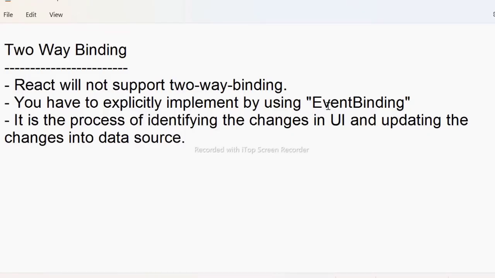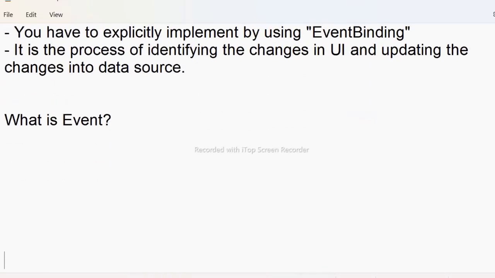To understand this concept, you must be very perfect in event binding. The first important point is, what is an event, how event binding works, and how React is going to manage that. Then only you can implement the two-way binding concept.